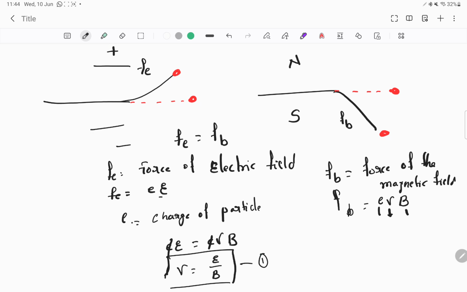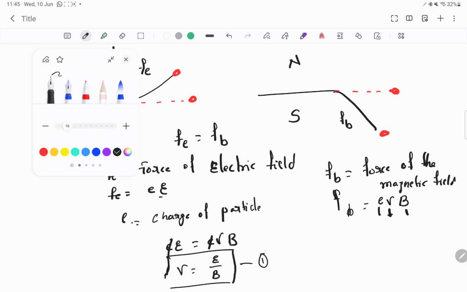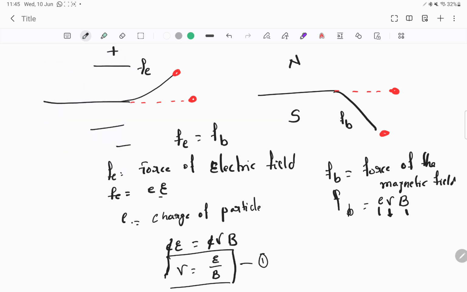This is equation 1. Now here, since it's curved, the force of the magnetic field e V B equal to m V square by R. This is the centripetal force. Both are equal. So here Fb is acting as a centripetal force. That's why we can write like this, right?